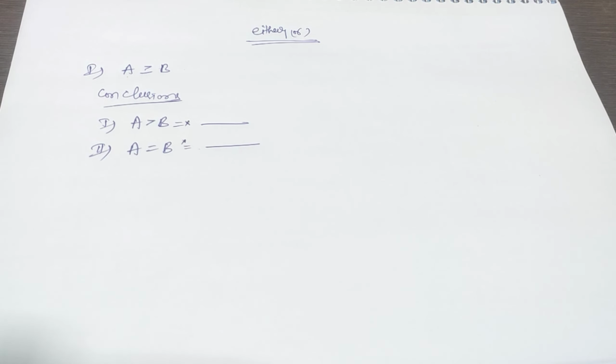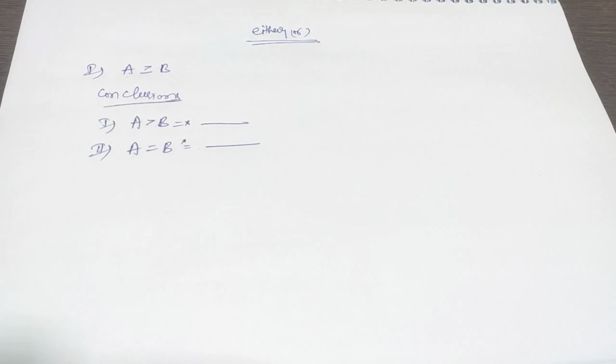Now what we have to do is, whenever we see a complementary pair like this in coded inequalities, if they have given A is greater than B and A is equal to B, or otherwise A is less than B and A is equal to B, this comes under a complementary pair.